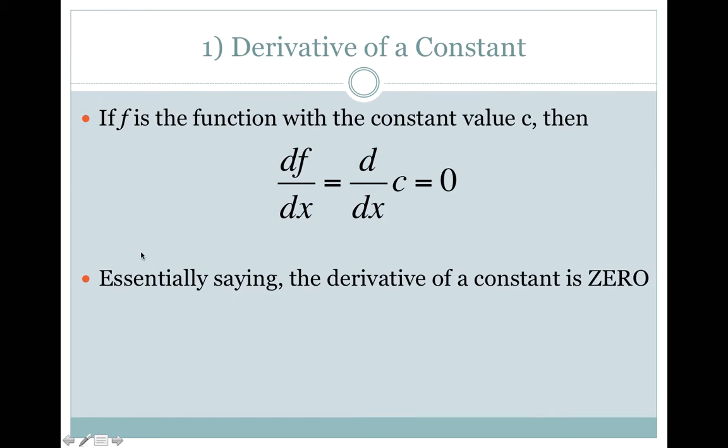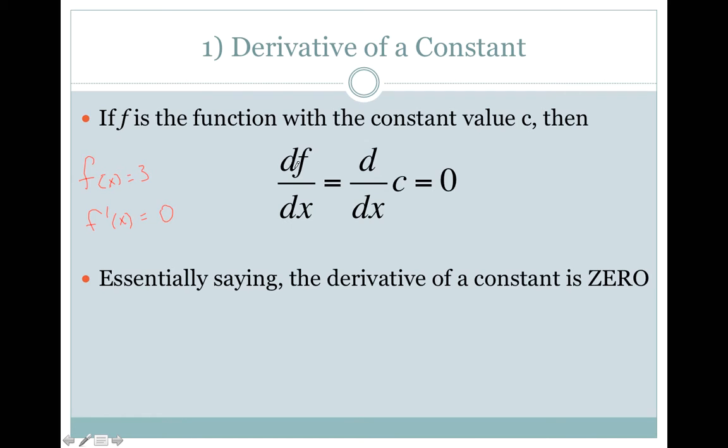So first one, the derivative of a constant. If you're given f is a function with a constant value, something along the lines of f of x is equal to 3, the derivative of the function f basically says the derivative of the constant is 0.